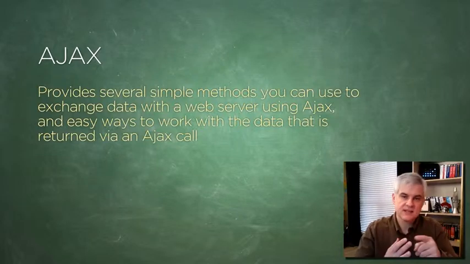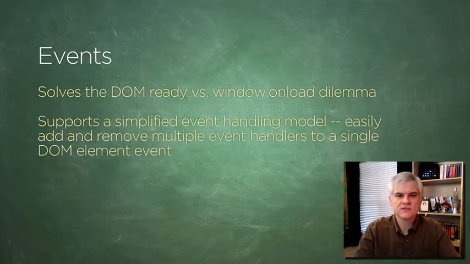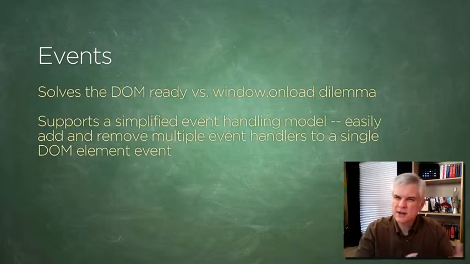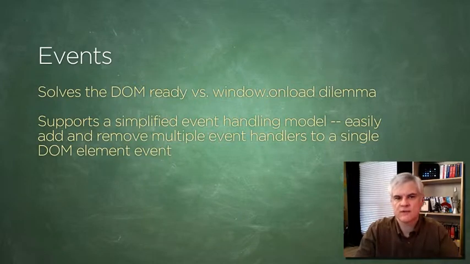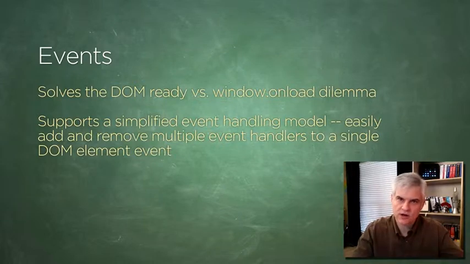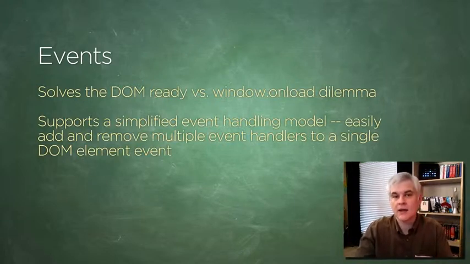As far as events are concerned, first of all, jQuery provides a bootstrap script, I guess you could say, to access DOM elements immediately after the DOM is constructed and ready for use, but potentially before the window.onload has fired, which indicates, as you'll recall from the previous video, that all the images, any media files like Flash or movies, any other large files are finished downloading on that page.